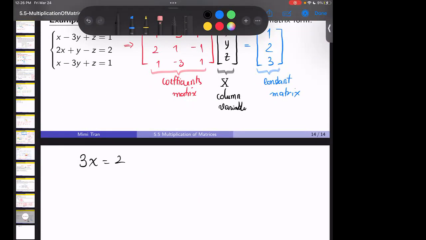The inverse of 3, which is 1/3, right? Can I write it like that? Yes, 3 to the power of -1 is 1/3, right? And they cancel, because 1/3 times 3 cancels. Then you have x equal to 2/3.